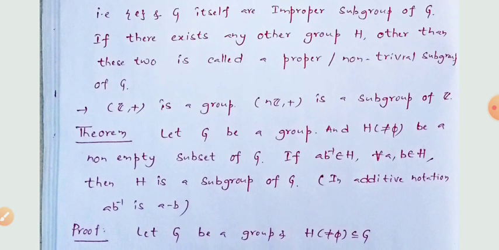Now the theorem. Let G be a group and H be a non-empty subset of G. If ab⁻¹ belongs to H for all a, b belongs to H, then H is a subgroup of G. In additive notation, ab⁻¹ is written a − b.